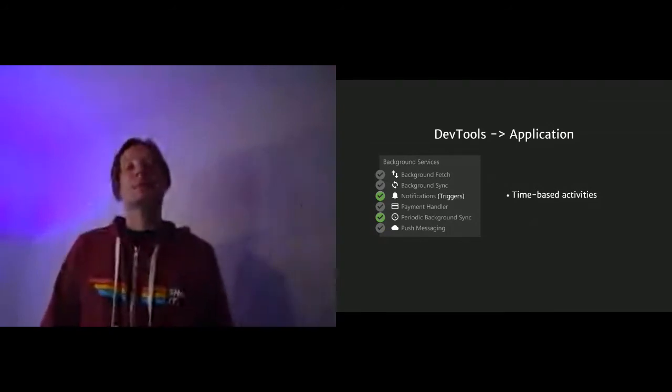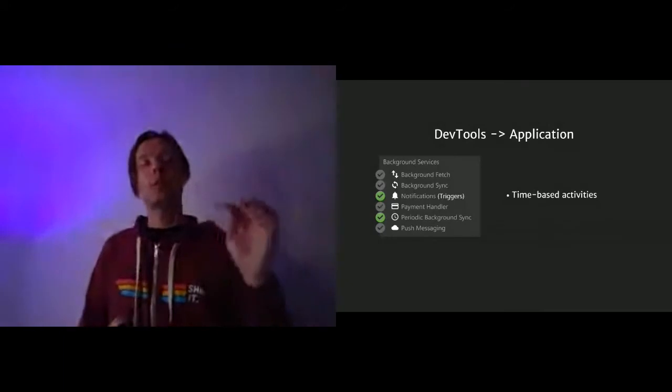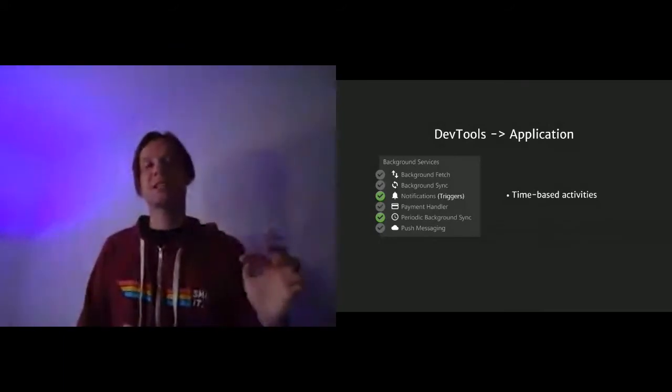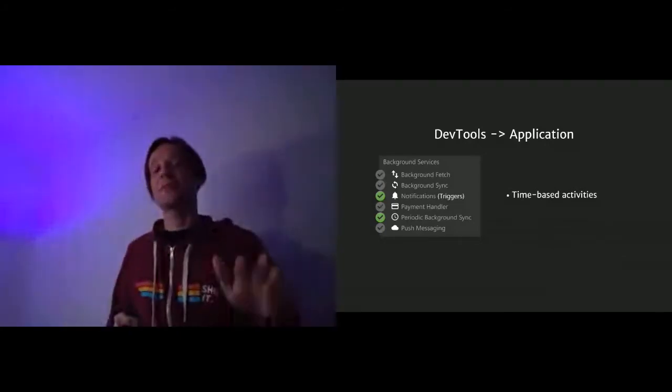And maybe this is the only fact that is common for these two APIs. Other than that, they are very different. And to better introduce these two, I have this table of differences of PBS and notification triggers.